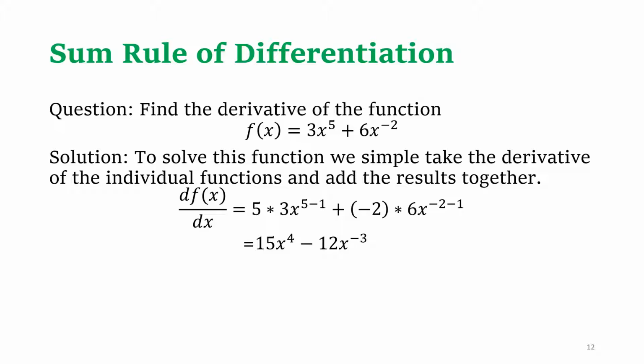Sorry, I think I messed up. When you multiply two different signs, minus, plus, and then you divide two different signs, minus, plus, the answer is always negative, right?